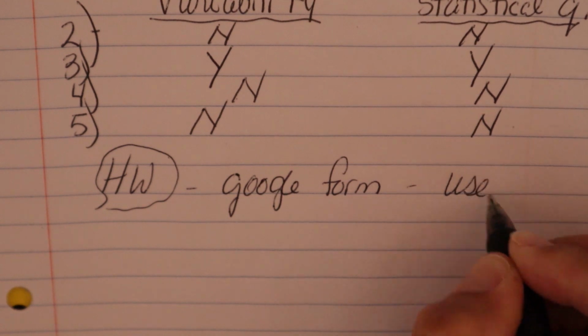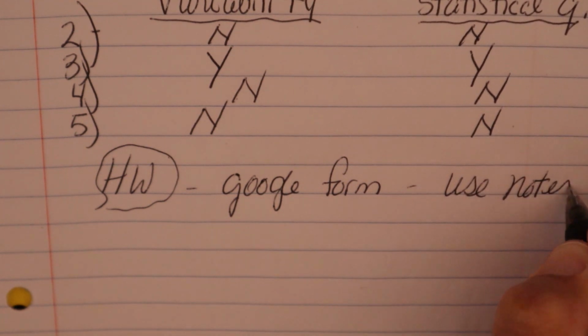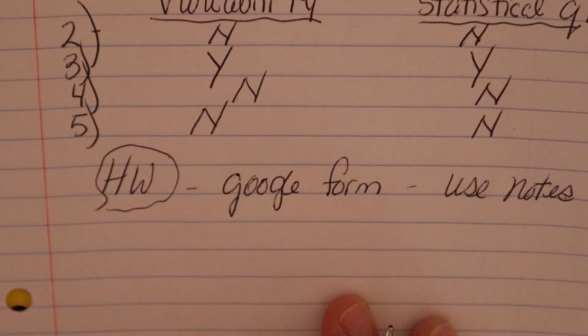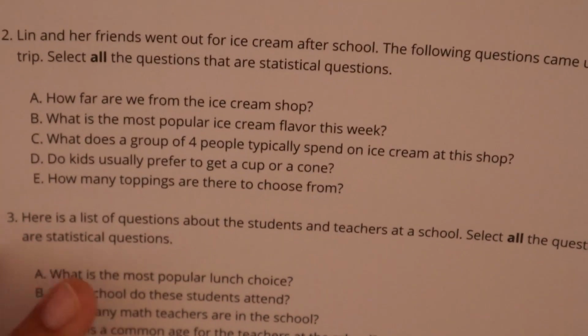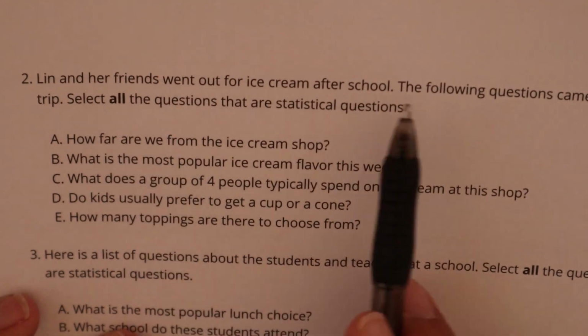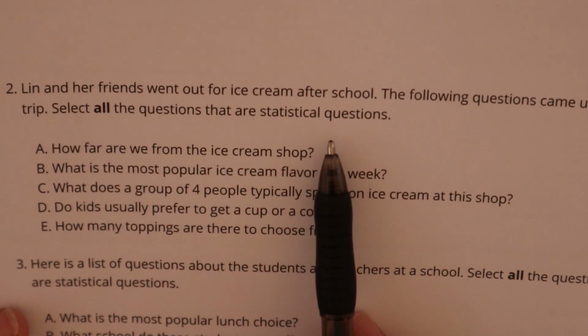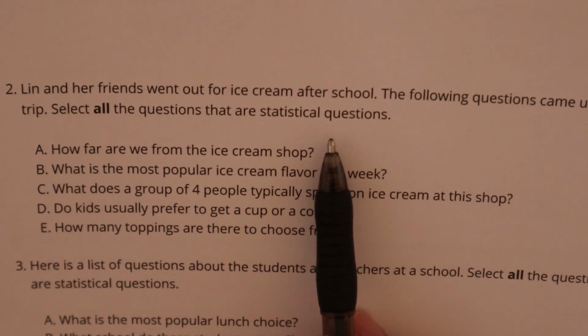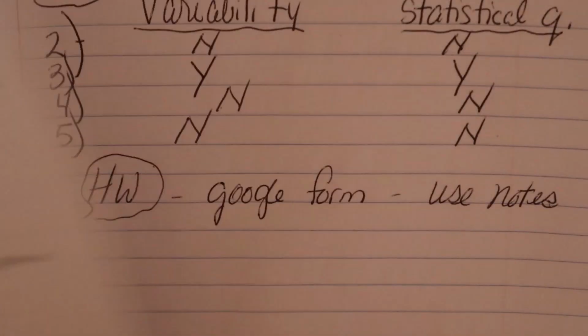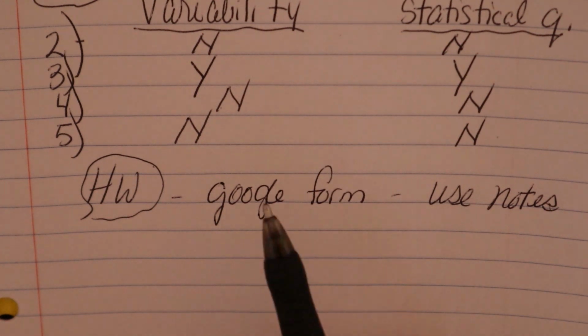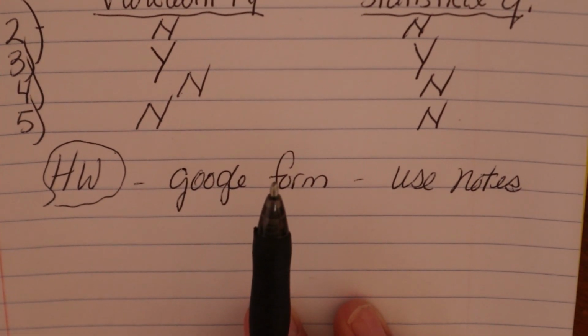Think about everything we just talked about in our lesson. Basically, you're going to have questions like this where it gives you a question, and then it's going to ask you, is the question statistical or not? And you simply have to do yes or no, and it's a series of questions like that. And then once you hit the submit button, it'll generate your answer.